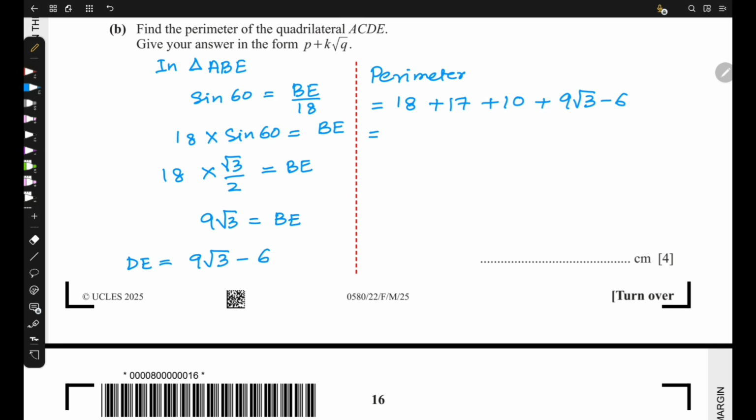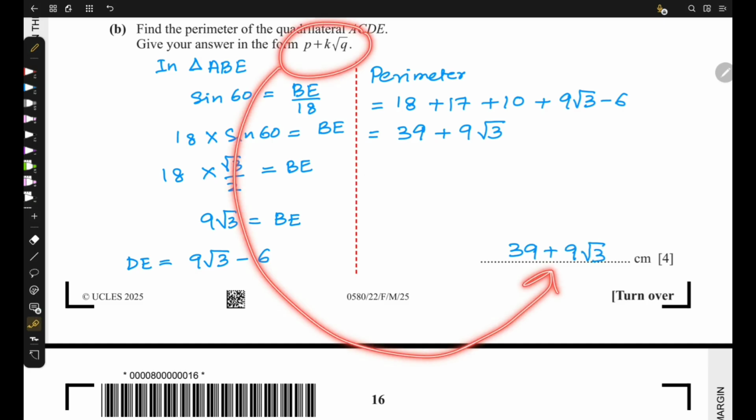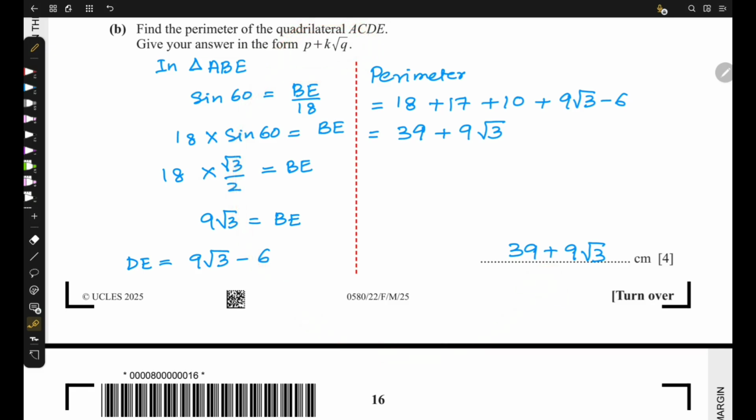So if we simplify it, the final answer would be 39 plus 9 root 3. So this is your final answer. That is exactly in this form. You can see that the forms are the same as required in the question.